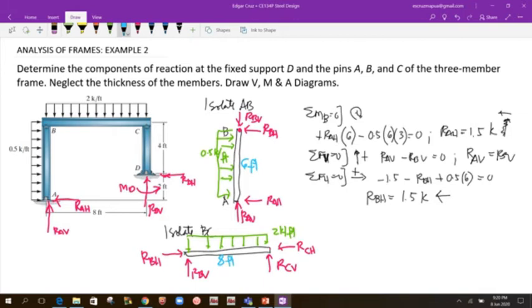Ayan, so from there we could apply statics pa rin. Alam naman natin na RBH, no? So yung RBH na solve na natin kanina, which is equal to 1.5. So this is already 1.5.